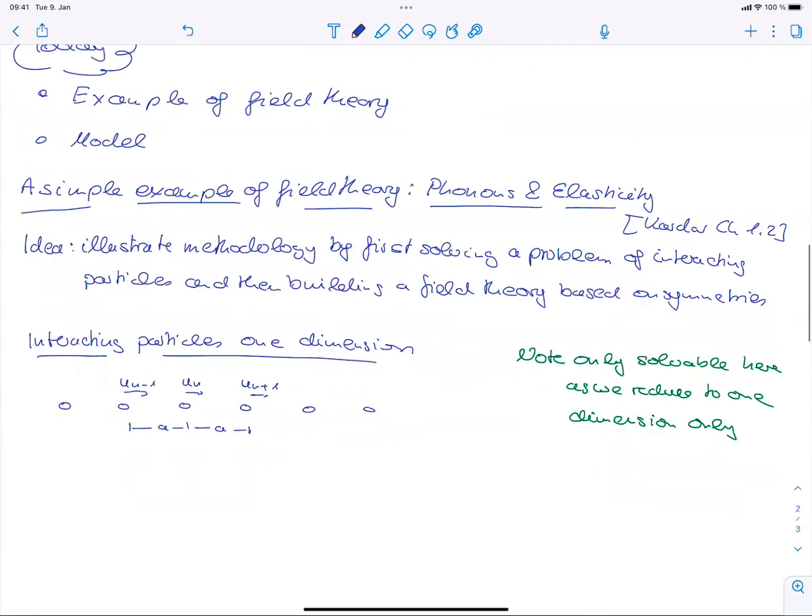Now, what I can do is write down the potential energy for these deformations.